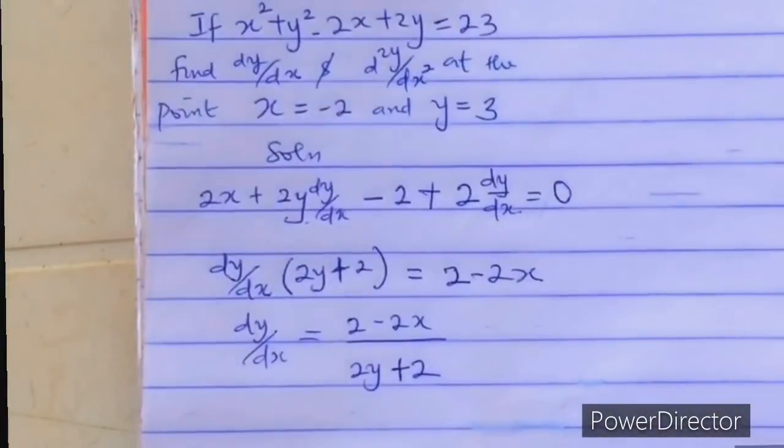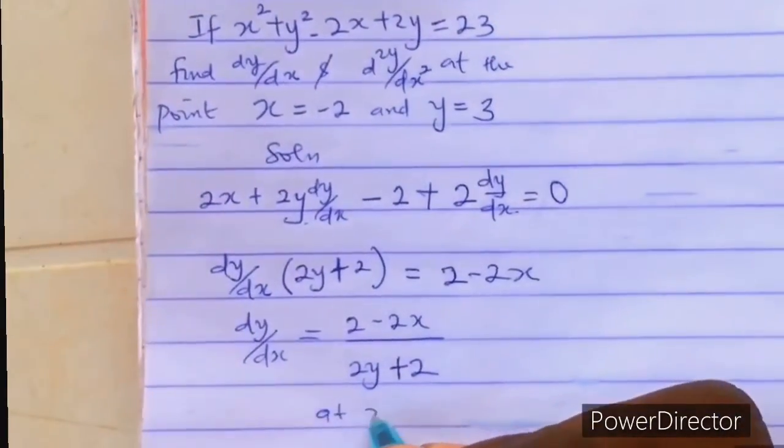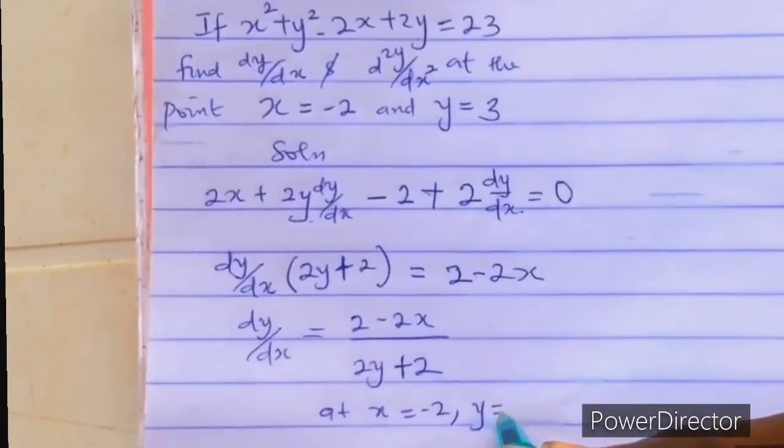Now, we already know from the question that our x equals -2 and our y equals 3.